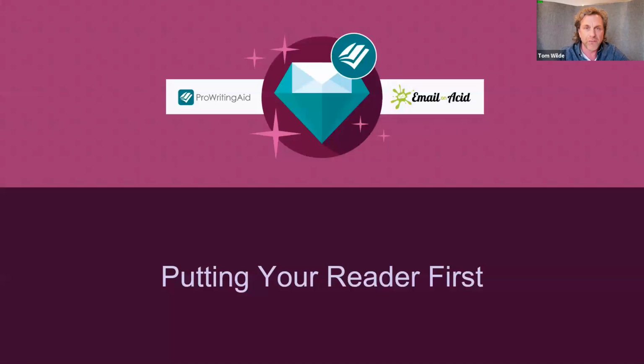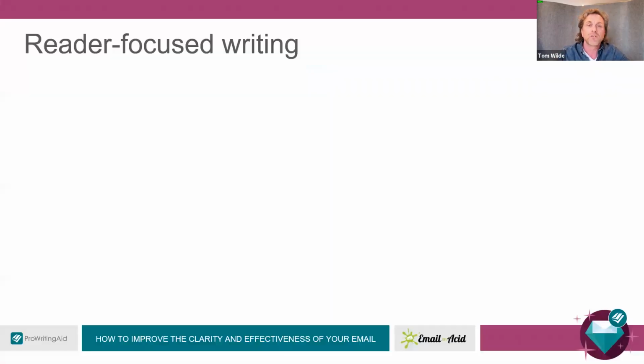We've got to get this thing out. We don't think, we just write. So our writing becomes a stream of consciousness. And that's completely the wrong way of doing it, because you're writing for the writer. You're writing for yourself. It makes sense to you, but it risks not making sense to your reader.